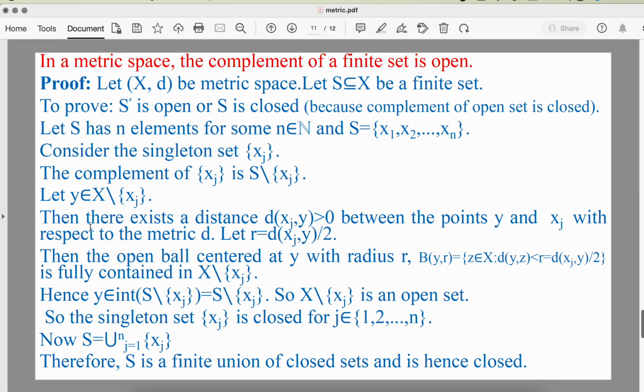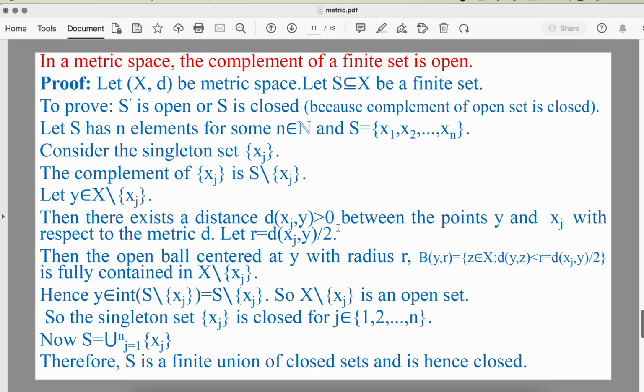It means the distance of xj from y is greater than 0, d(xj, y) > 0, where d(xj, y) is the distance of y and xj with respect to the metric d. Let us denote r equal to the distance of xj from y divided by 2, half of the distance.